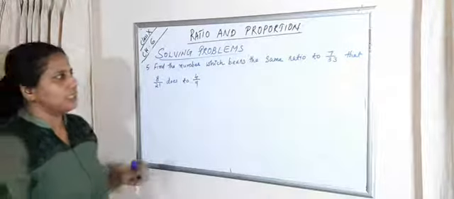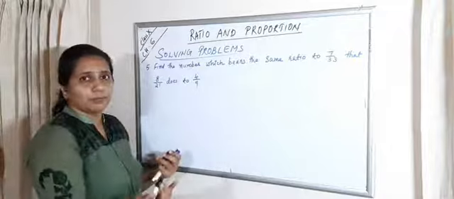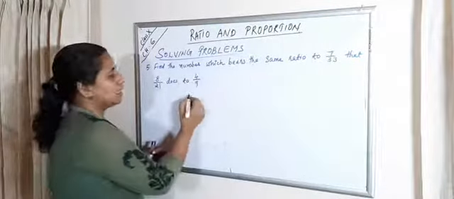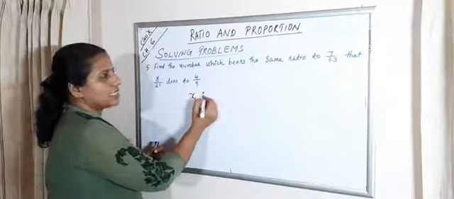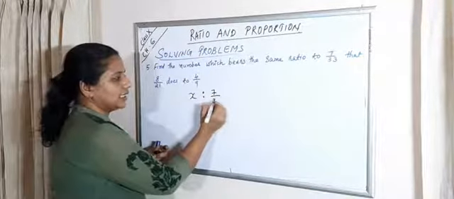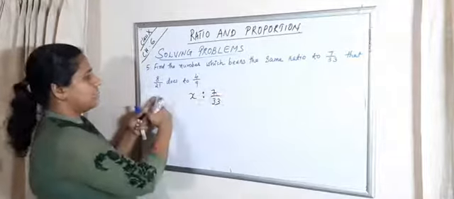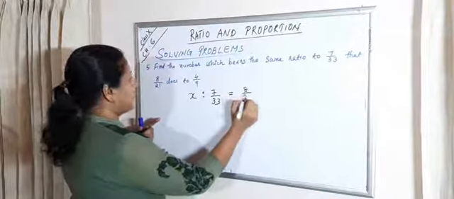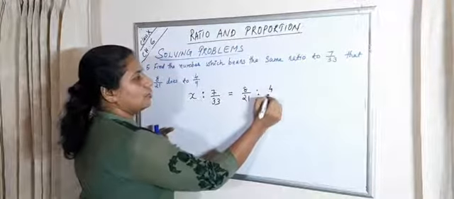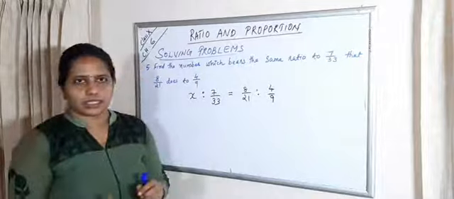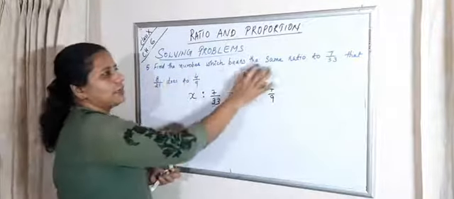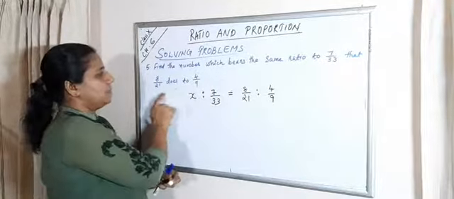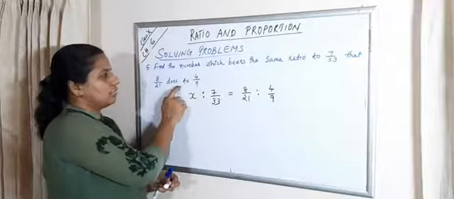Find the number which bears the same ratio to 7 by 33 that 8 by 21 does to 4 by 9. So, let the number be x, since this number is an unknown value. X is to 7 by 33, that 8 by 21 is to 4 by 9.